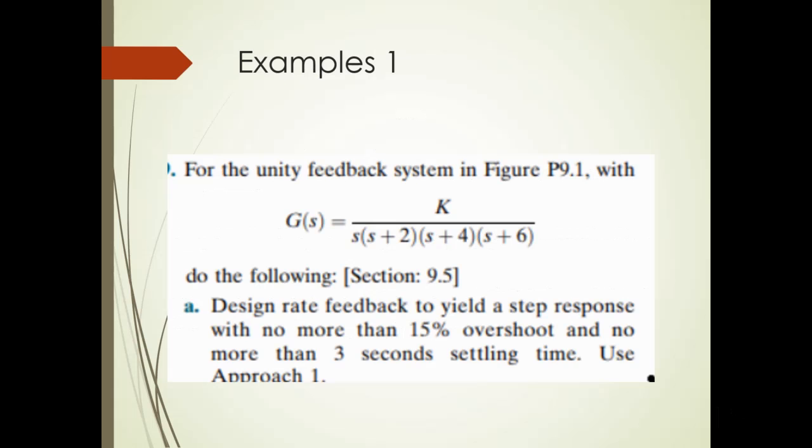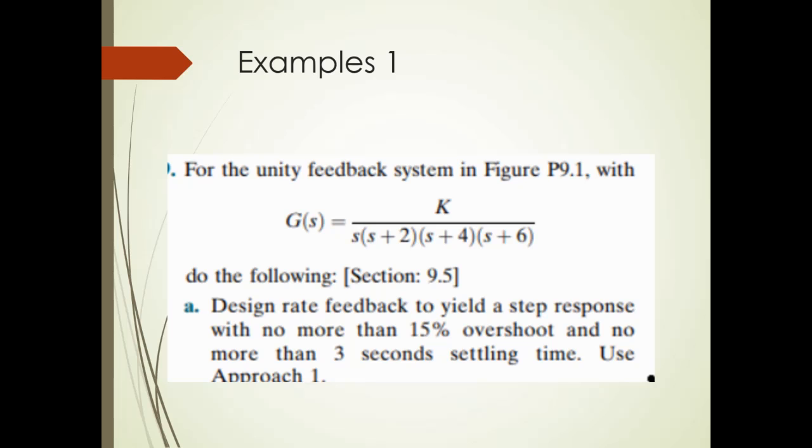Example 1 for approach 1. This is for the unity feedback system in figure 9.1. G(s) is equal to K over s multiplied by (s plus 2) multiplied by (s plus 4) multiplied by (s plus 6).